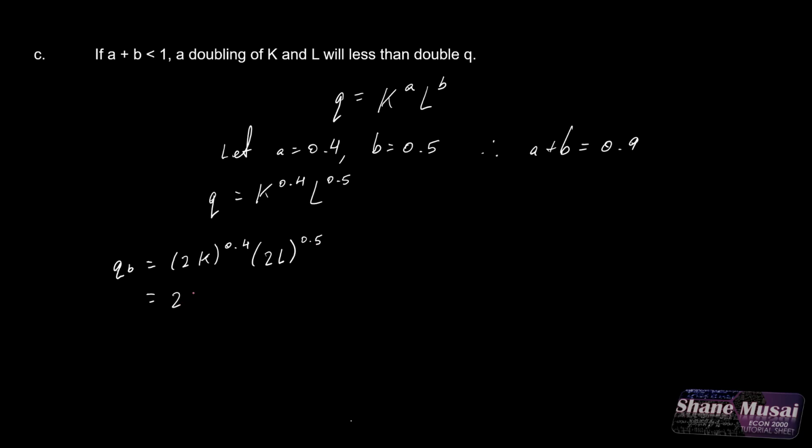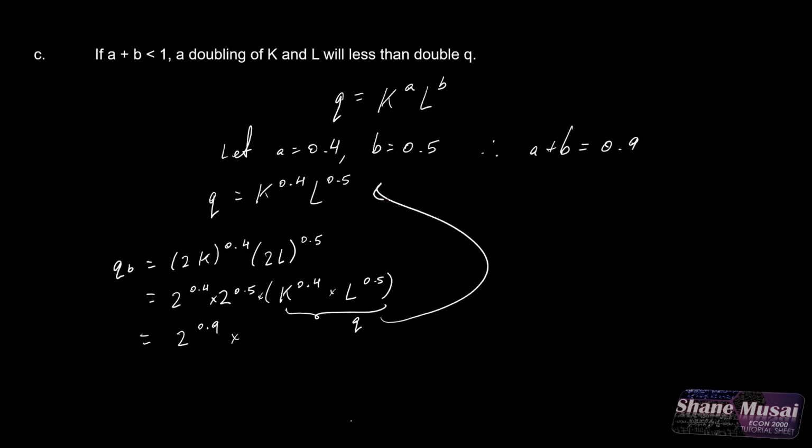So this is equal to 2 to the power of 0.4 times 2 to the power of 0.5 times K to the power 0.4 times L to the power 0.5. So this is equal to 2 to the power 0.9 times, well, this here is essentially our original production function, Q.